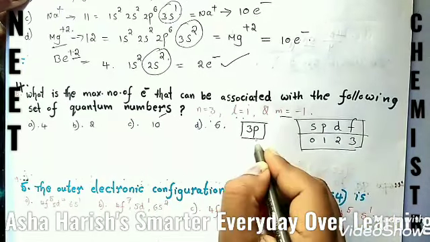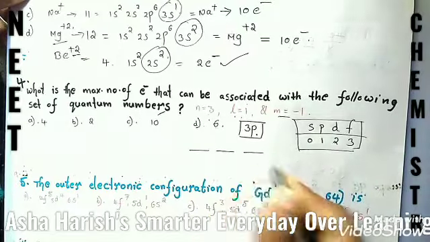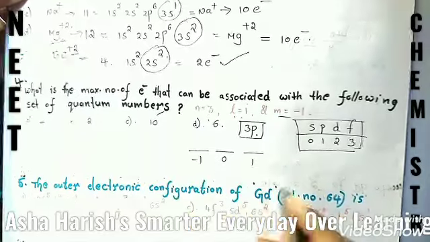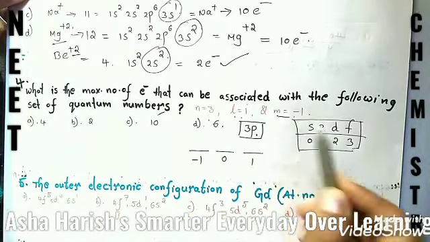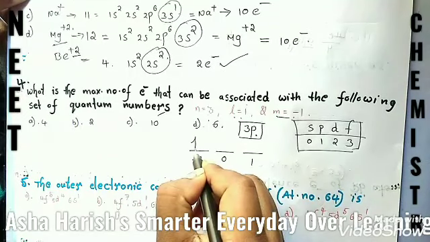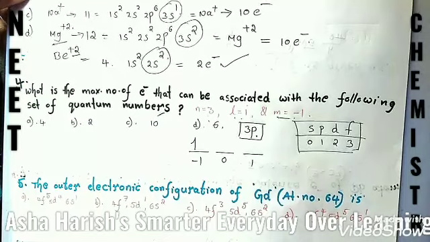For the p subshell you have 3 orbitals, with m values 0, plus 1 and minus 1. Suppose m is equal to minus 1, the electron should be present here, so that must be the 3px orbital.